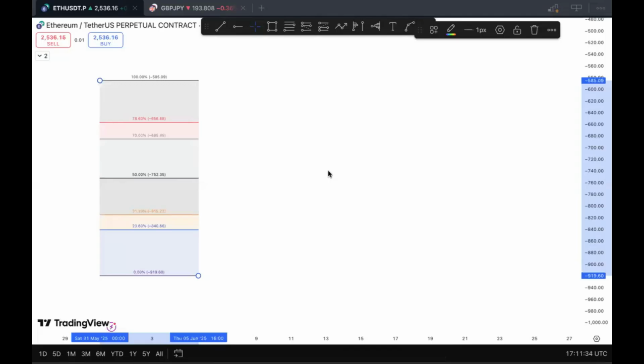We only trade the strategy on 30 minutes, 45 minutes, 1 hour, 2 hours, 3 hours, 4 hours. Even though you can use the fib retracement tool on 15 minutes, we don't trade the strategy on the 15 minutes time frame.